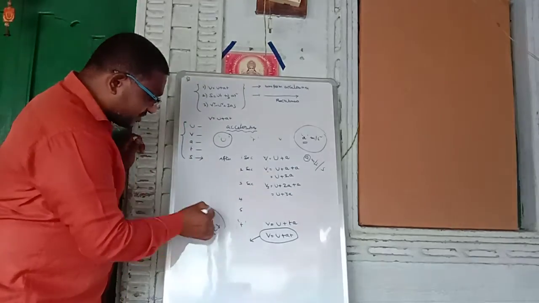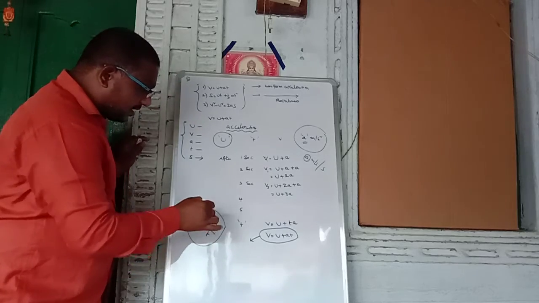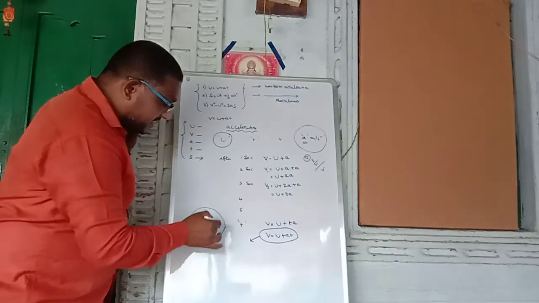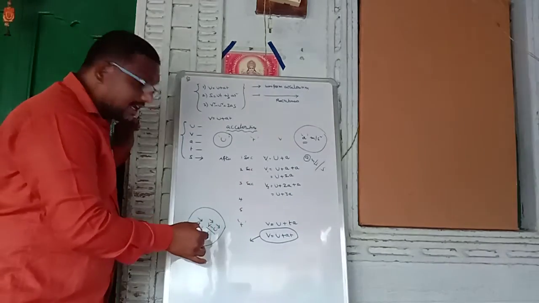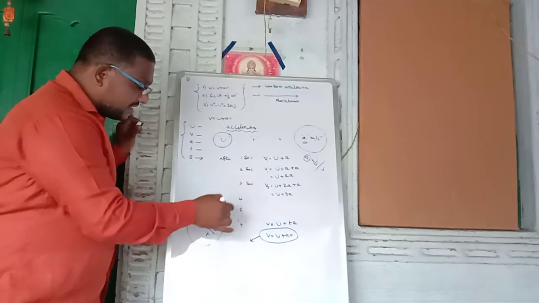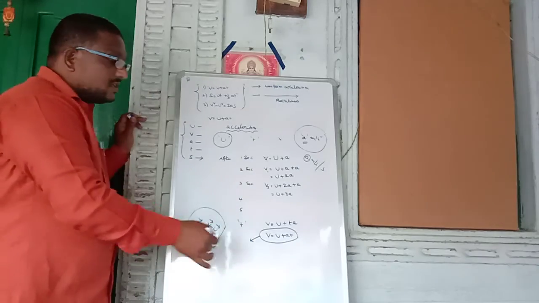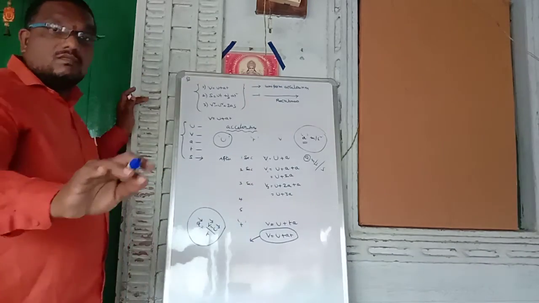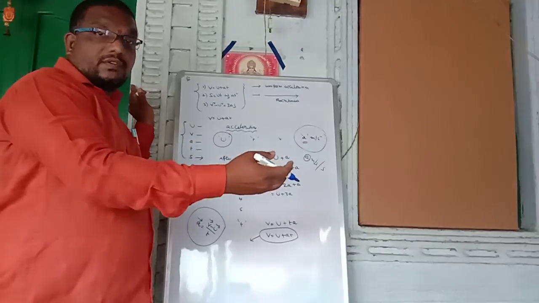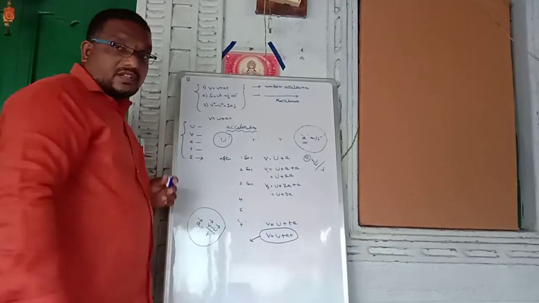The acceleration A is the rate of change of velocity of the body. Here V minus U means change in velocity and T is the time taken. So acceleration A is equal to V minus U divided by T. In the next class, we'll discuss the second equation of motion, right?